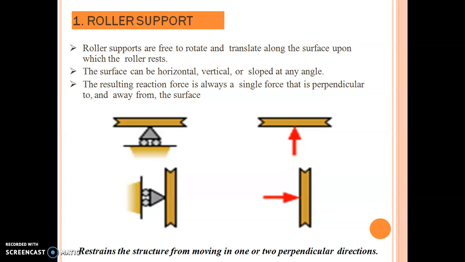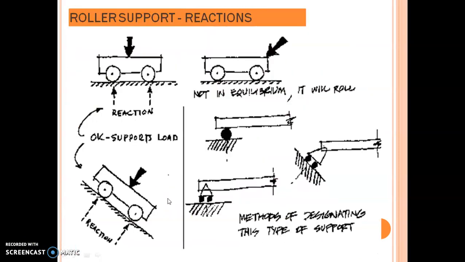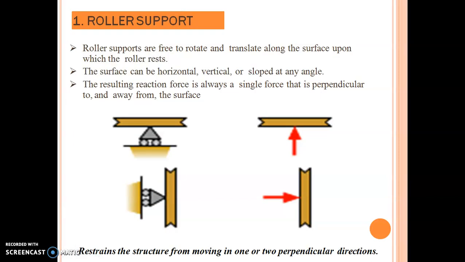If your surface is perfectly horizontal, then your roller will move in the forward and backward direction. This motion is possible for a roller support, and you can identify in the second figure, if your surface is perfectly vertical, this is your roller support and this is your structural member.